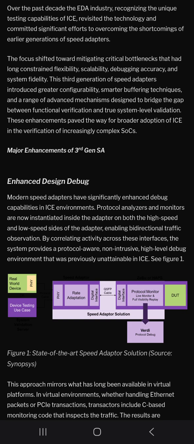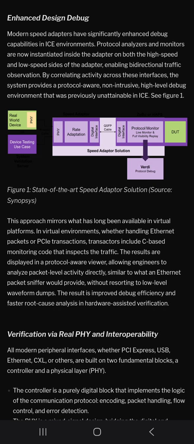Figure 1 shows the state-of-the-art speed adapter solution from Synopsys. This approach mirrors what has long been available in virtual platforms. In virtual platforms, whether handling Ethernet packets or PCIe, transactors include C-based monitoring code that tracks aspects of the traffic.